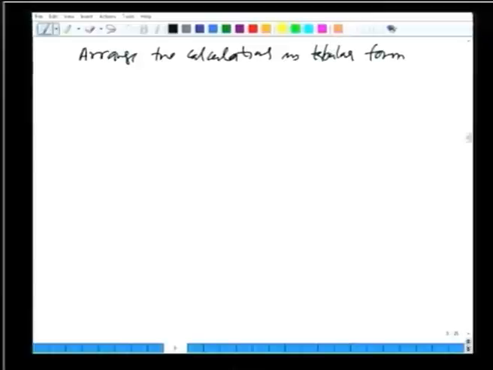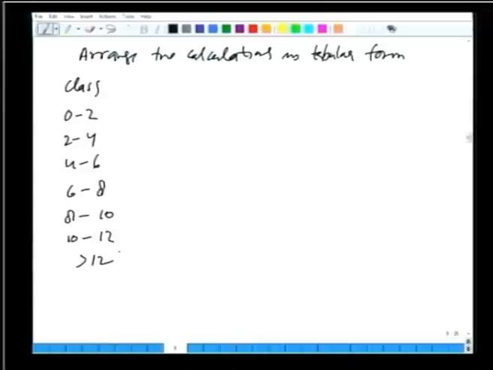Okay. All right. So what we do is we have the classes going from 0 to 2, 2 to 4, 4 to 6, 6 to 8, 8 to 10, 10 to 12 and greater than 12, or 12 to infinity or whatever.